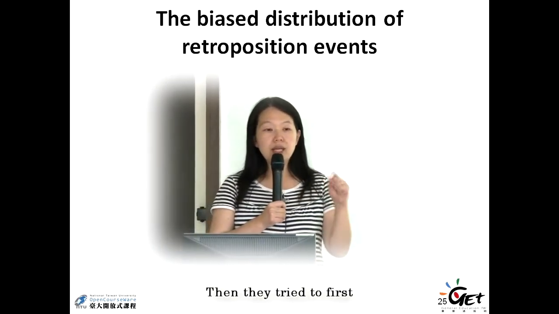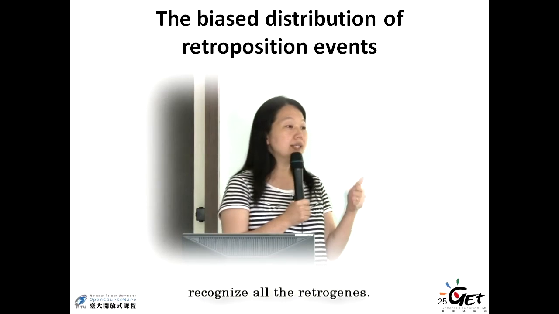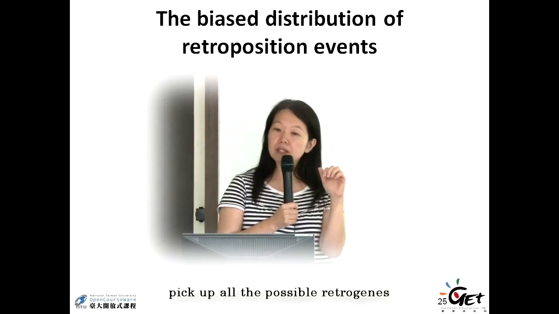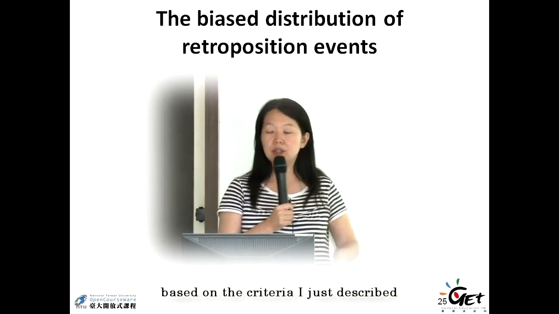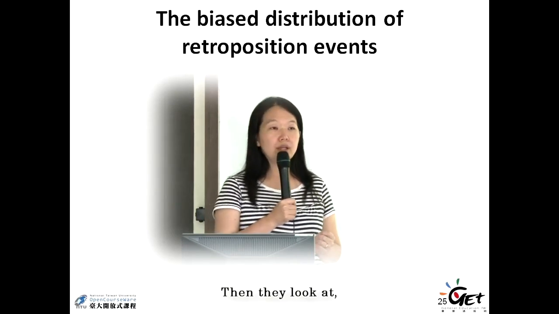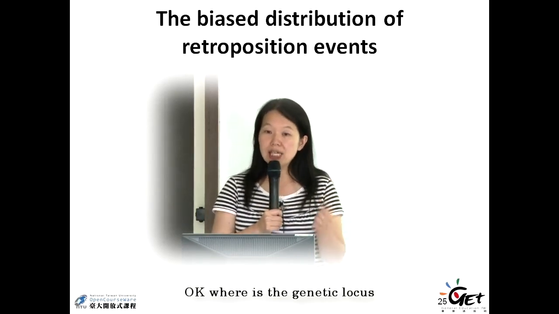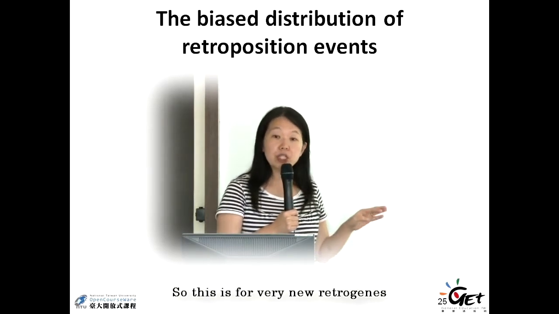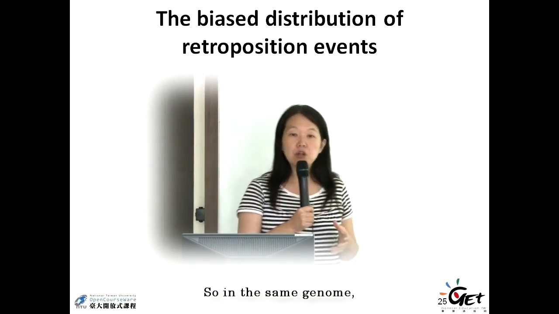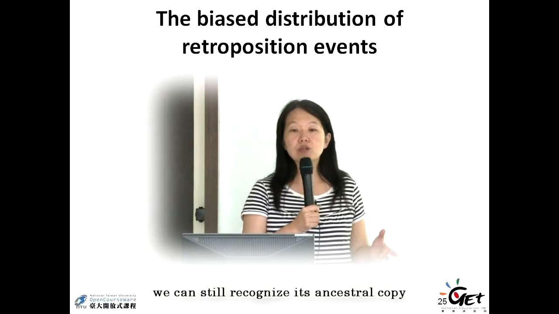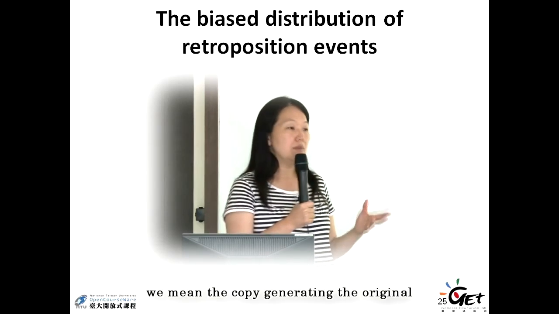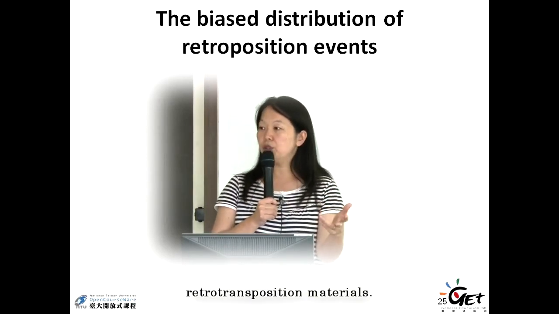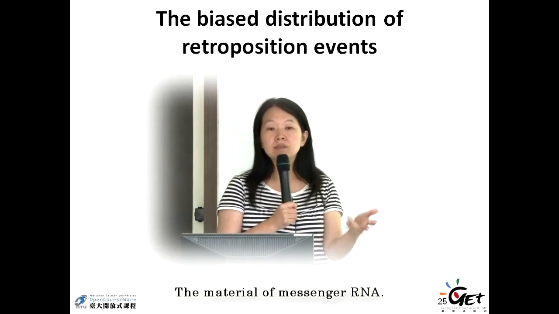Then they first recognize all the retrogenes, scanning through the genome and picking up all the possible retrogenes based on the criteria I just described. Then they look at where the genetic locus of the parental copy is. These are all very new retrogenes, so in the same genome we can still recognize the ancestral copy, meaning the copy that generated the original retrotransposition material, the matured messenger RNA.